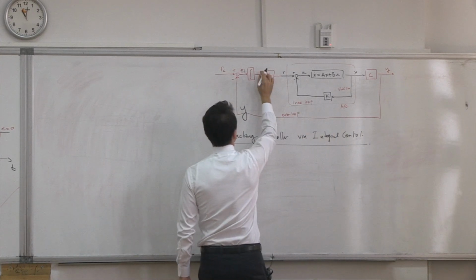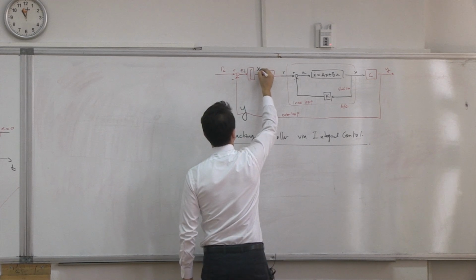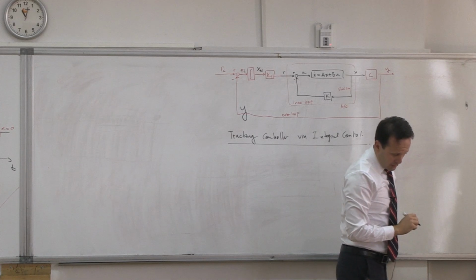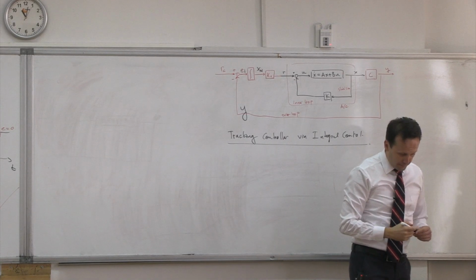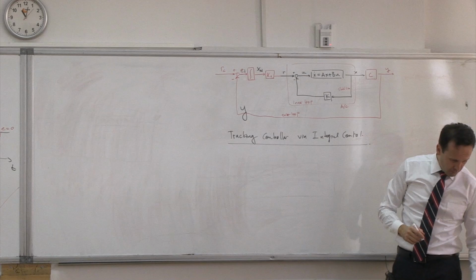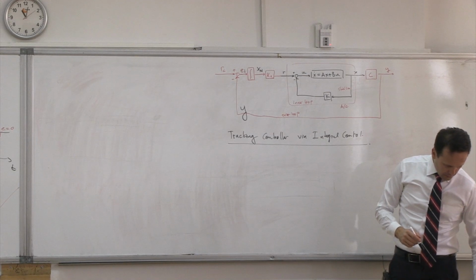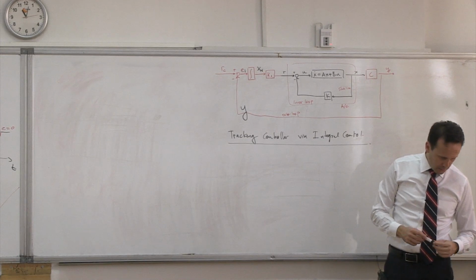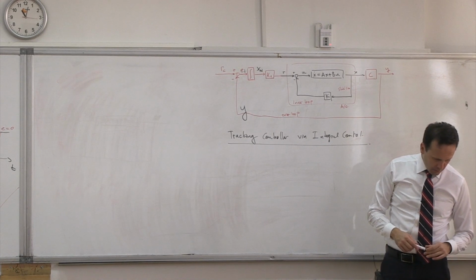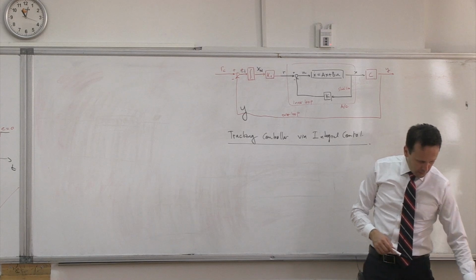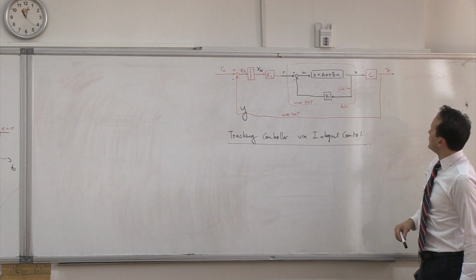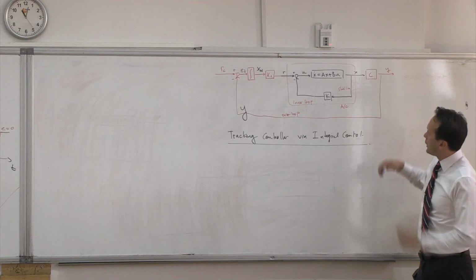Let's call this one here XN. And that's R, and the rest is the same. Okay, so this is our architecture.